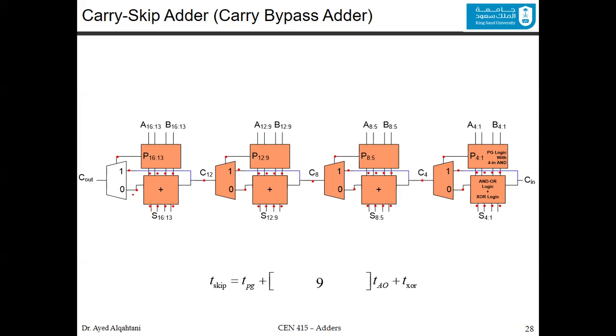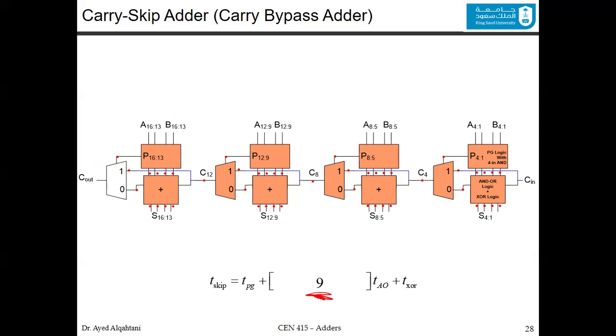And basically, we finished the addition from 1 to 60. Now, this carry out is for the other bits, if you have 17 and so on. And that was the worst case delay. So in the worst case, you ripple, skip, and then you ripple. And as you can see, we find it to be 9.